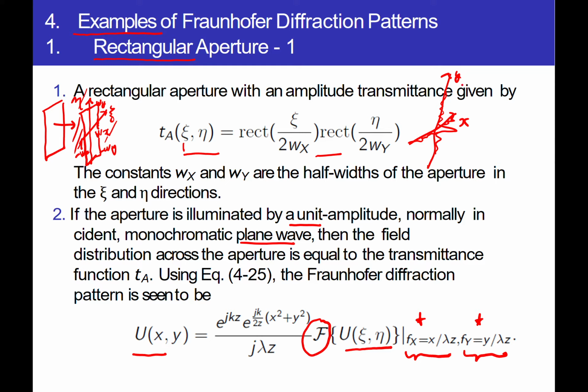This is what we get in the real space, but it is actually the Fourier transform given by this relationship in fx and fy, but it is actually spatial position.